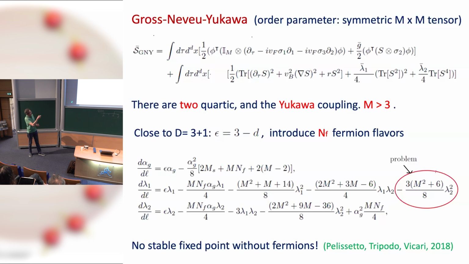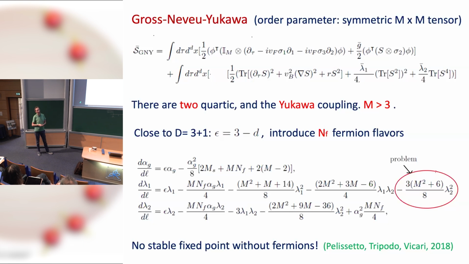If it's 3, for example, then the theory is actually not difficult, because it turns out, I should maybe mention, that if M is 3, which is not relevant for us, because there is no Nielsen-Ninomiya doubling, but if you make it to be 3, then these two terms are actually the same. And you end up with just Wilson-Fisher O(N) theory. So it has to be larger than 3 for this to be non-trivial.